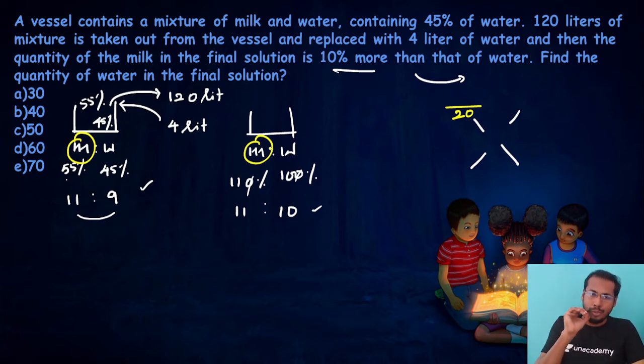Now I'm going to speak about only milk. Out of 20 parts, 11 parts are milk. In the final resultant, 11 plus 10 is 21. Out of 21 parts, 11 parts are milk. So what is interchanged? 120 liters was taken out and 4 liters of water is included. We did not speak about water.